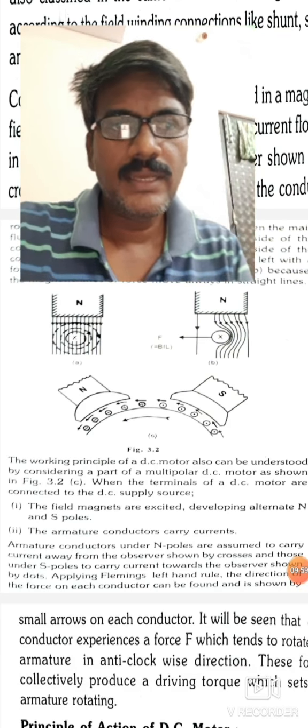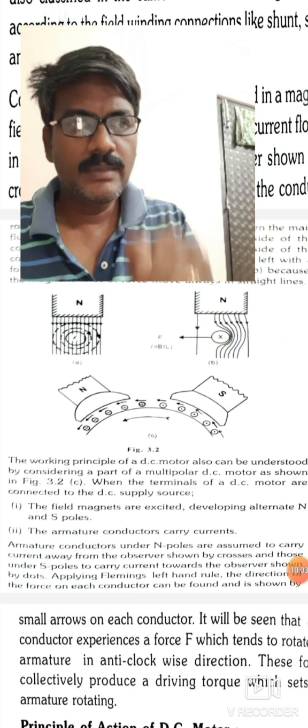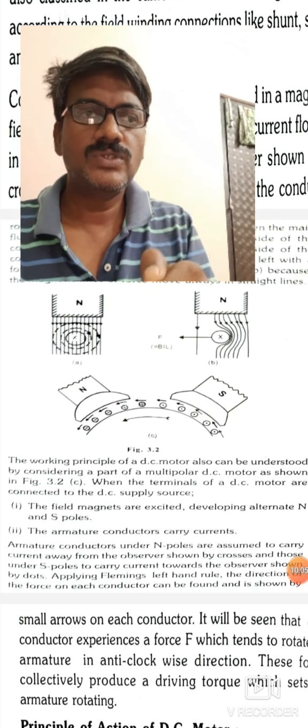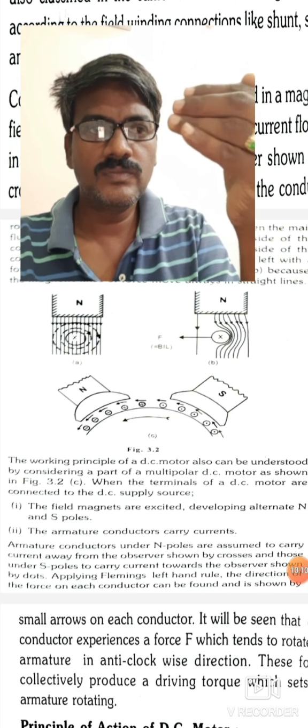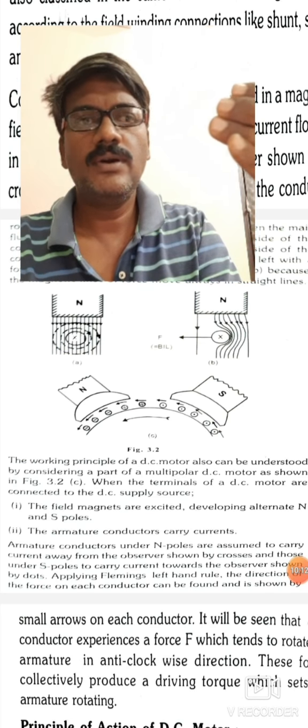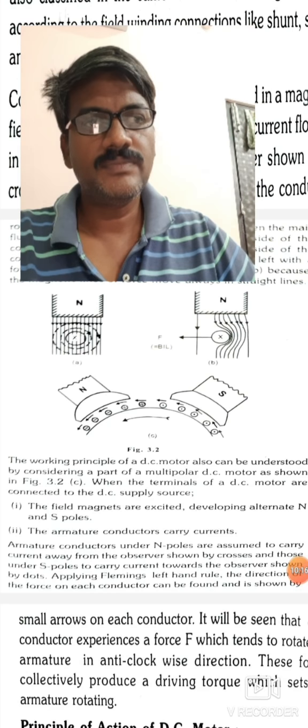Suppose on top there is a cross conductor and at the bottom there is a dot conductor. The cross conductor moves the armature to the left side. Similarly, the conductor below moves to the right side.